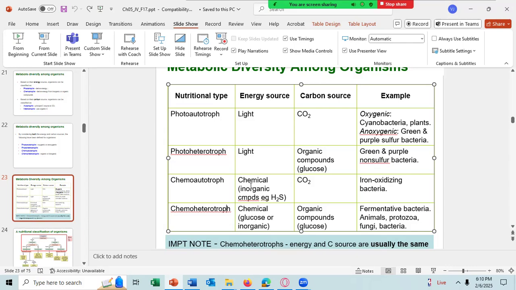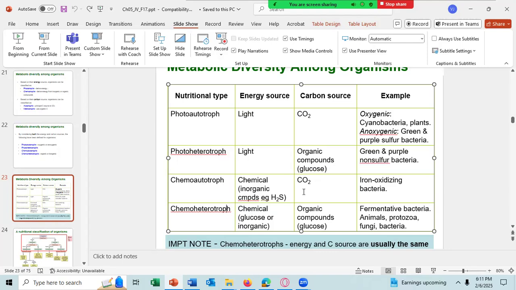The next group that's easiest to talk about are the chemoautotrophs. They get their energy source from a chemical compound, and in this case, it'll be an inorganic chemical compound like H2S or sulfate or nitrite or nitrate. And these chemosynthetic bacteria get their carbon source from CO2 dissolved in the air or the water.